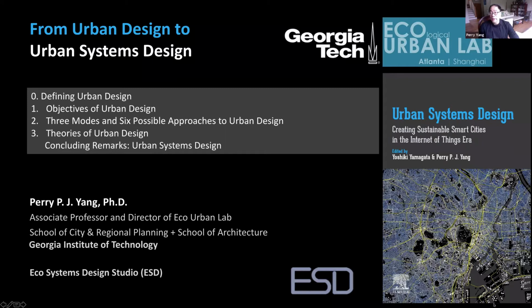So this is a book that Yamagata-san and I co-edited and co-authored with, of course, Murayama Sensei and Yoshida-san. And we talk about urban system design in the context of IoT, the Internet of Things. So that will be part of the lecture at the end.